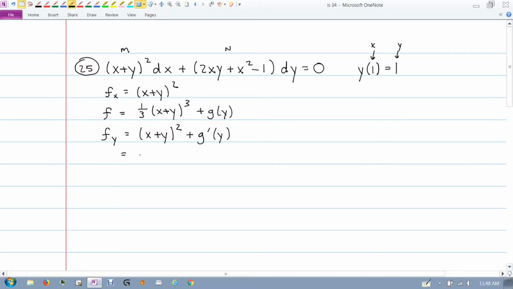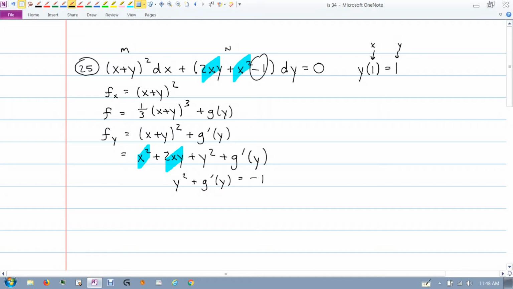And it might be a little hard to see what's going on, so I'm going to expand this. Okay, so that piece right there needs to match up. So we have x squared already, we have 2xy, but we've got some other stuff there that doesn't match. So I'm going to say we need y squared plus g prime of y to be equal to that negative 1 right here.